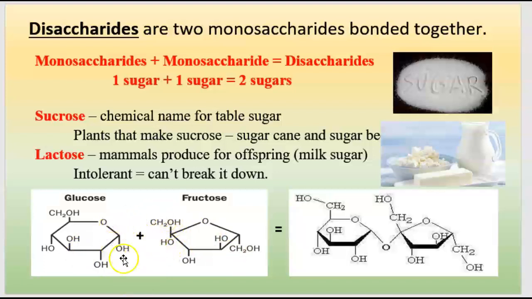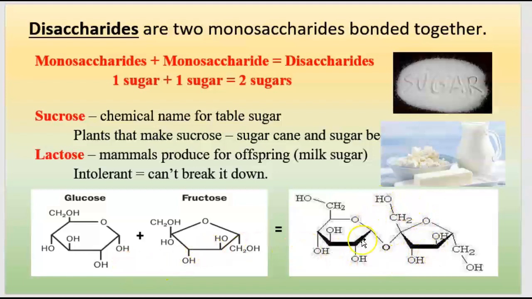So when these 2 bind, you're going to lose 1 oxygen and 2 of the hydrogens, and all you're left with is an oxygen in the middle. So when I say dehydration synthesis, that's because you're dehydrating, you're removing a water, and you're synthesizing, you're sticking them together. So dehydration synthesis is how we link them together.